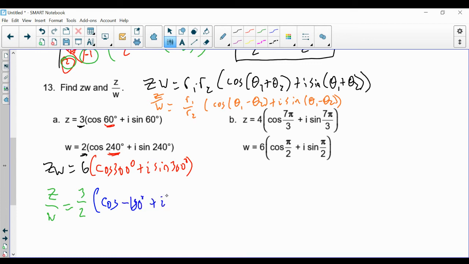If you really want to, you can find a coterminal angle by adding 360 to make them positive, but negative 180 degrees is a perfectly accepted answer, and there's nothing wrong with that. Okay, so then let's do part B.